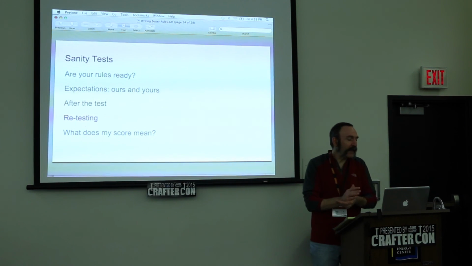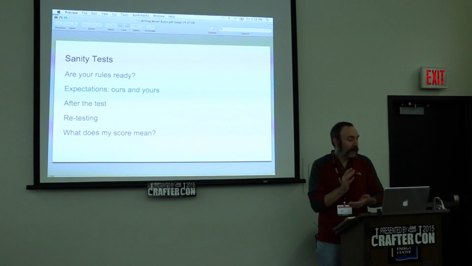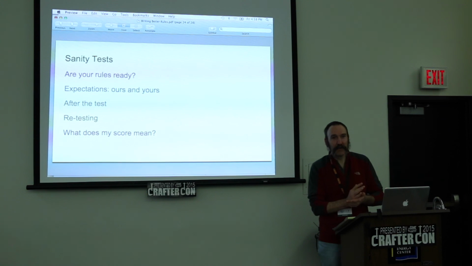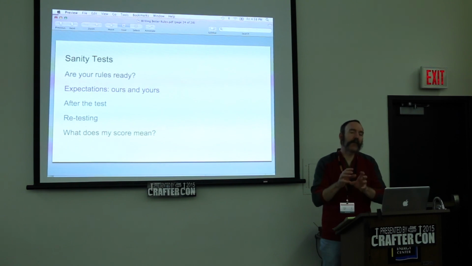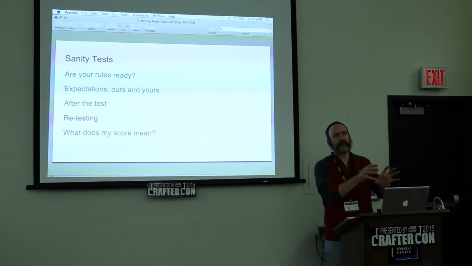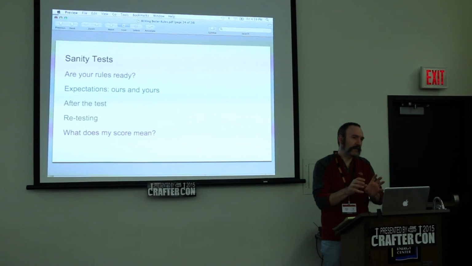What does your score mean? The scores on sanity tests that I've done have ranged, it's out of 100, from 13 to 96. The higher it is, the less ambiguity there is, the less trouble we think people are going to have with it. If you get something like a 13, it means you have an idea for a game, you don't have a rule set. So you need to think about that.